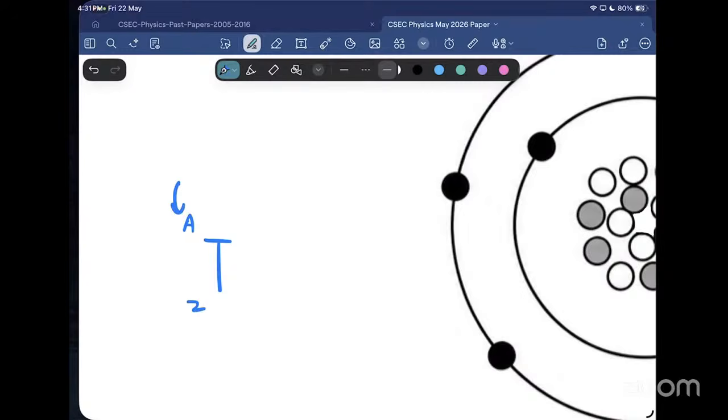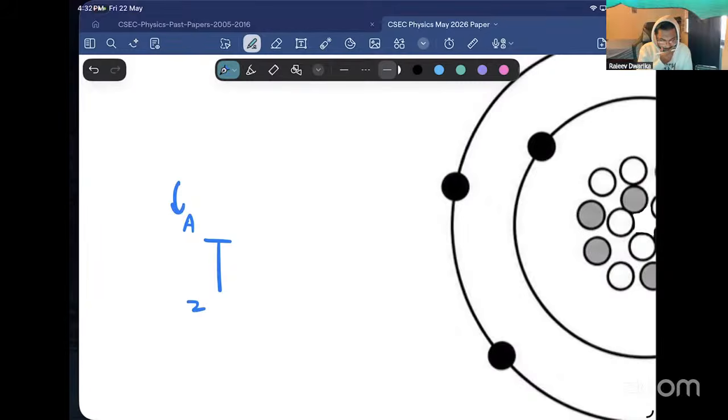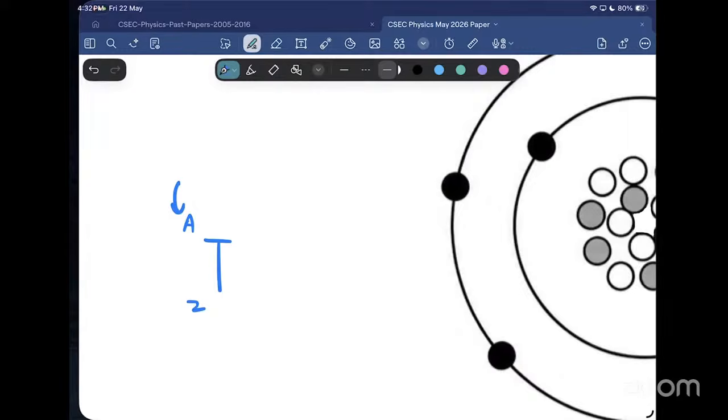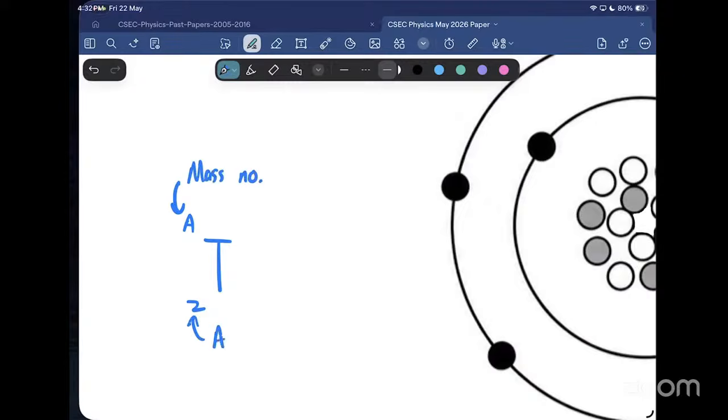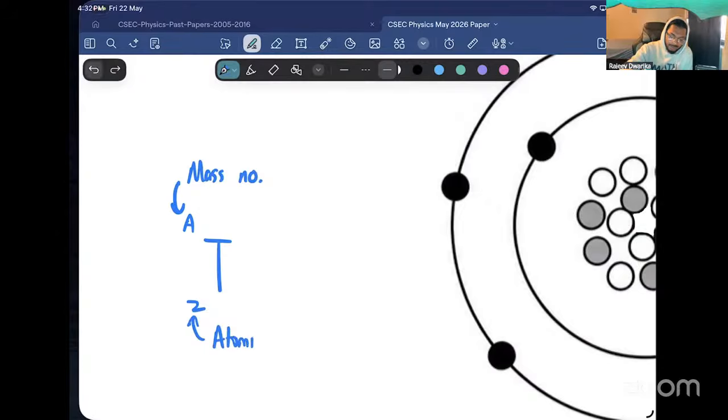The mass number. The one on top is the mass number, and the one on the bottom is the atomic number. It's just a general representation.